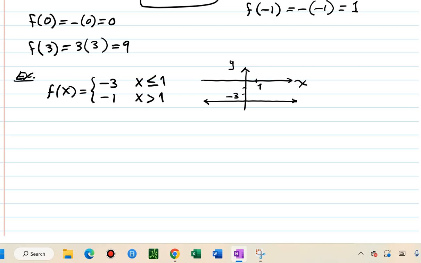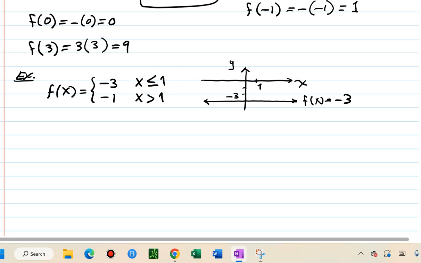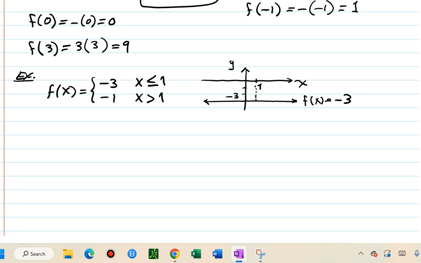And here you have it, so this is f of x equals negative 3. Now, that's over the entire domain, right? We just said this is only good for x less than or equal 1. So only this piece, right? For less than or equal, only the left piece of that graph is going to work. Therefore, I'm going to erase what's to the right of it.